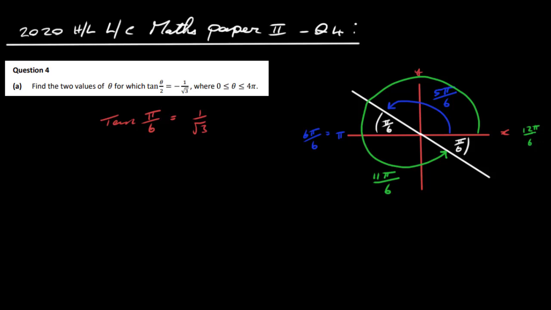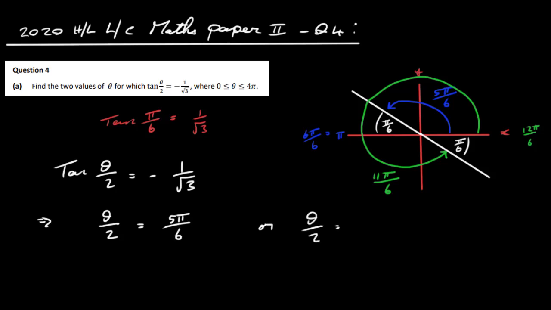So in other words, if we have tan of theta over 2 is equal to minus 1 over root 3, that would mean then that theta over 2 is going to be equal to 5 pi over 6, or theta over 2 is going to be equal to 11 pi over 6.